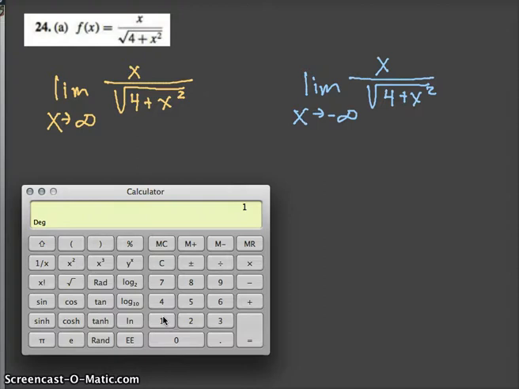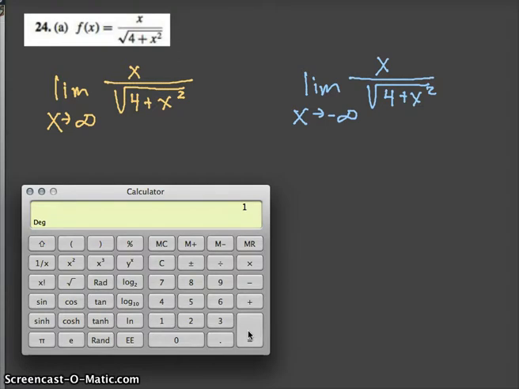Divide by, in brackets, 4 plus 1 with 8 zeros, square it, close parentheses, take the square root of that, and we get 1.